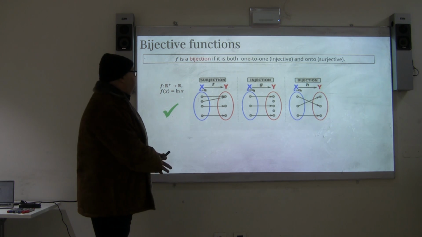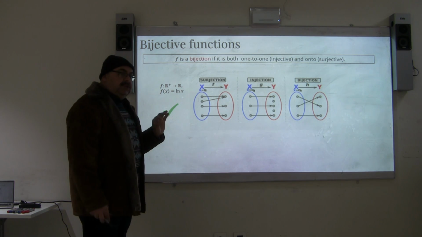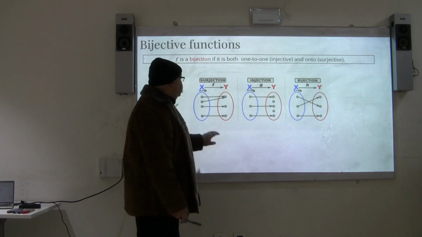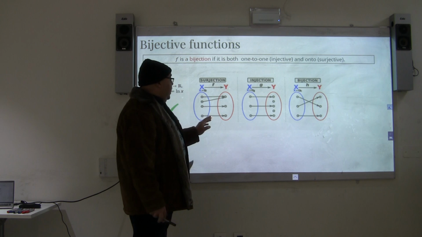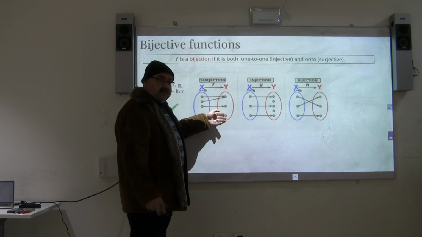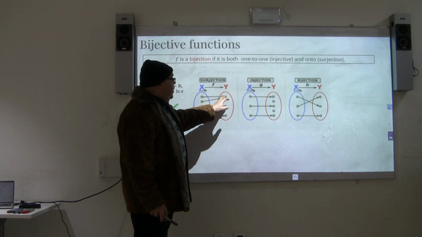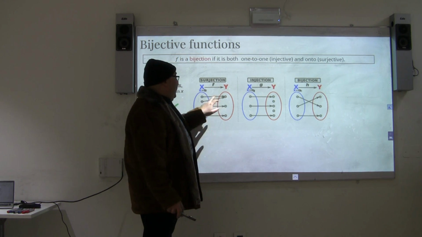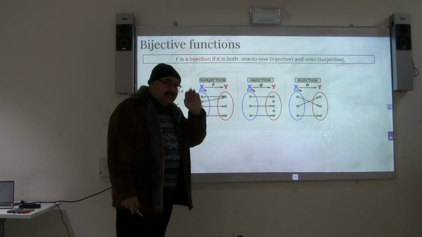In this figure, you can find the differences between surjectiveness, injectiveness, and bijectiveness. In surjectiveness, all the codomain is covered. This is first. Also, you may find some of the values in y having different values in x.